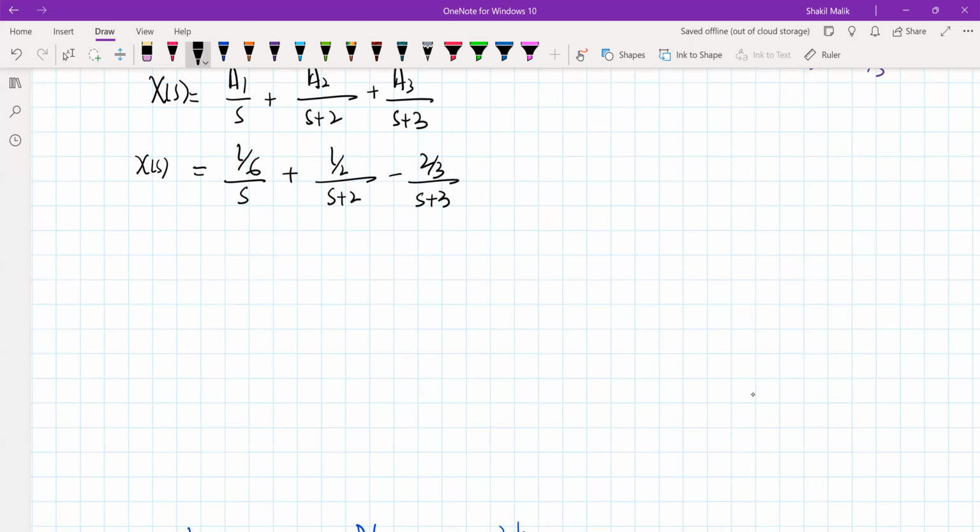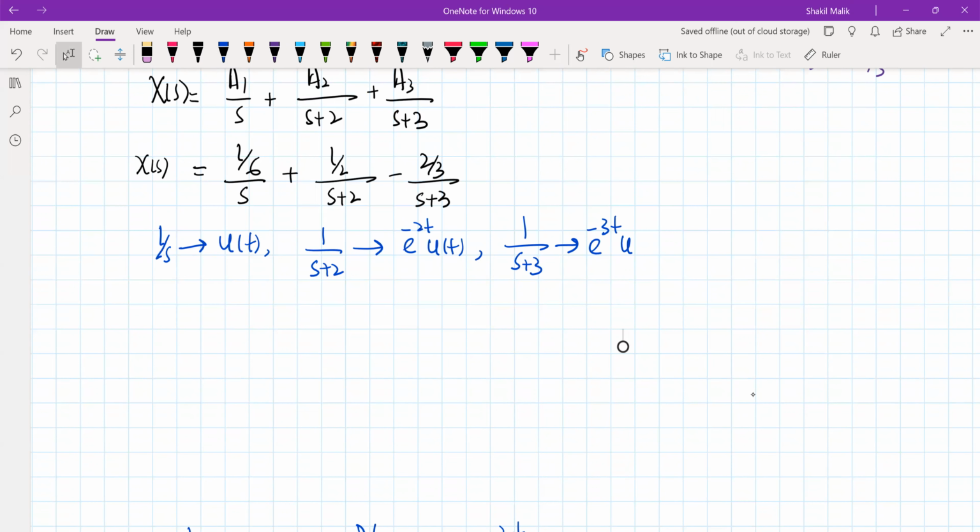Now we know the inverse Laplace transform of 1 by s plus 2, and 1 by s plus 3. We know the inverse Laplace transform of 1 by s is simply u of t. Inverse Laplace transform of 1 by s plus 2 is simply e to the power of minus 2t u of t, and inverse Laplace transform of 1 by s plus 3 is e to the power of minus 3t u of t.